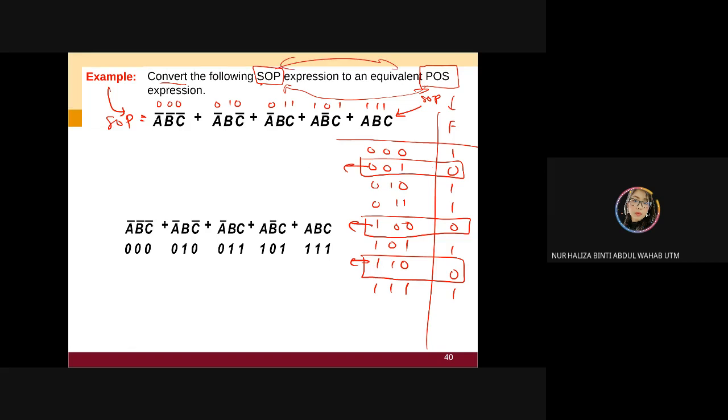Now my POS is A plus B plus C bar. Second, I have A bar plus B plus C. And another one is A bar plus B bar plus C. This is my POS from this SOP.